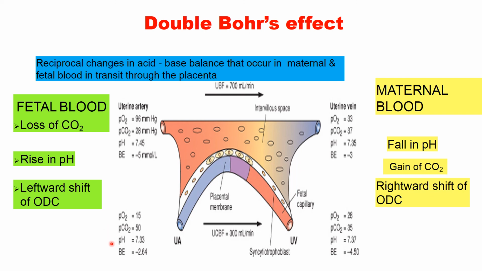Then you can see the pH value. The pH is 7.33, and then there is a rise in the pH, and towards the maternal side there is decrease in the pH.